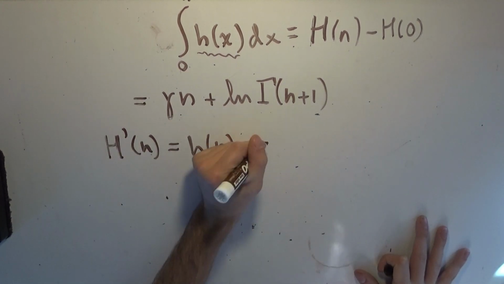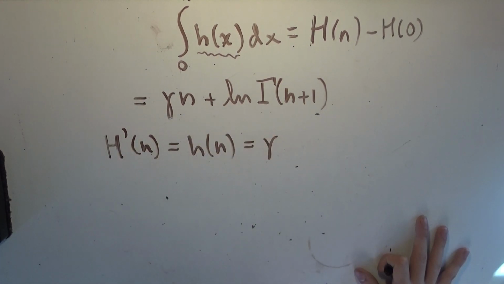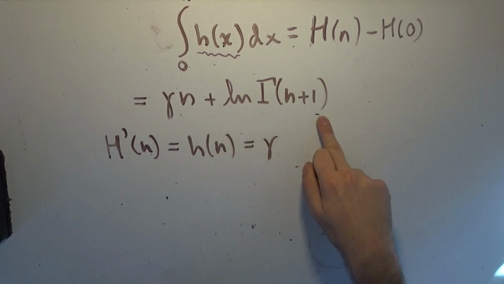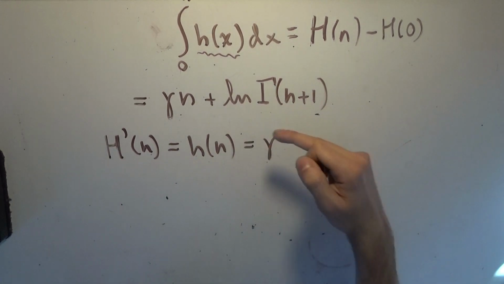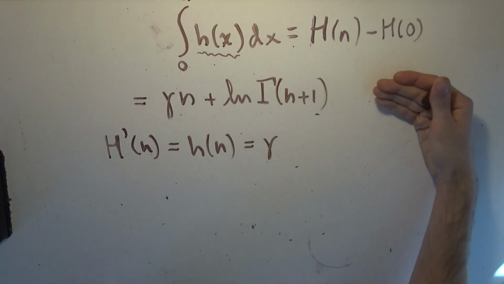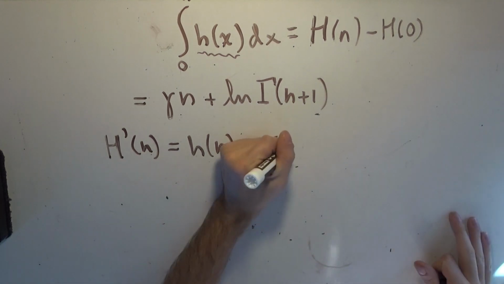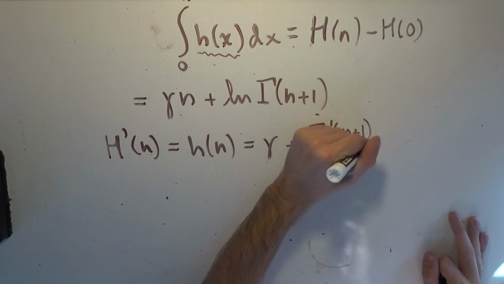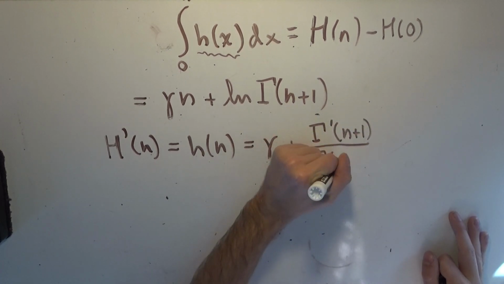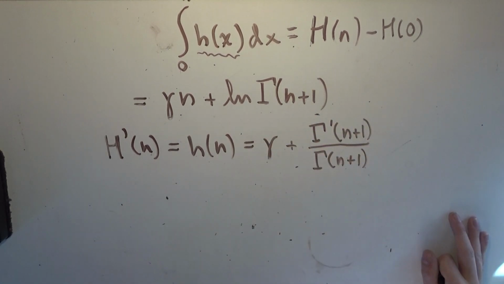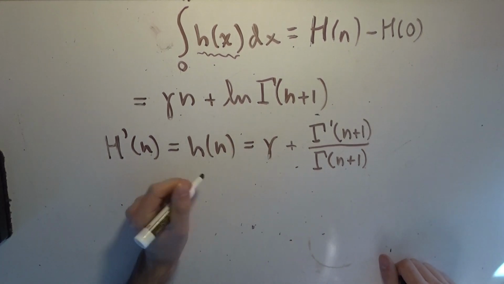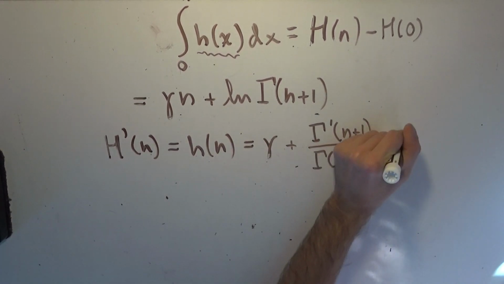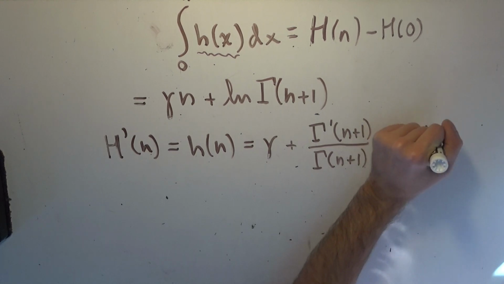So the derivative of the first term is just the Euler-Mascheroni constant. And the rest is the derivative of the natural logarithm of gamma of n plus 1 instead of just n. So what we end up with is the derivative of the gamma function of n plus 1 divided by the gamma function of n plus 1, which, using our definition of the digamma function, is equal to little gamma plus the digamma function of n plus 1.